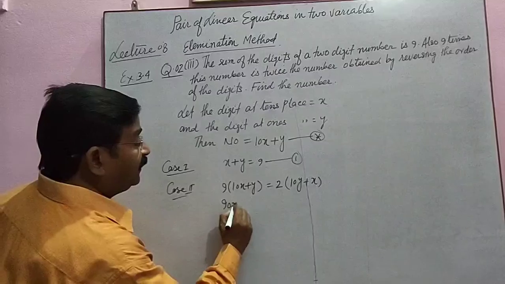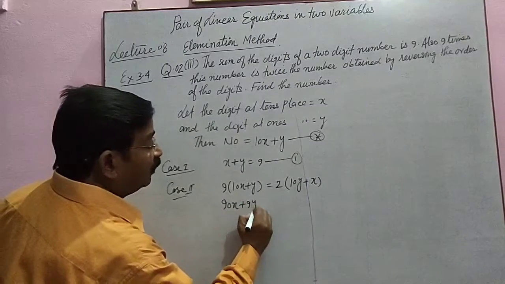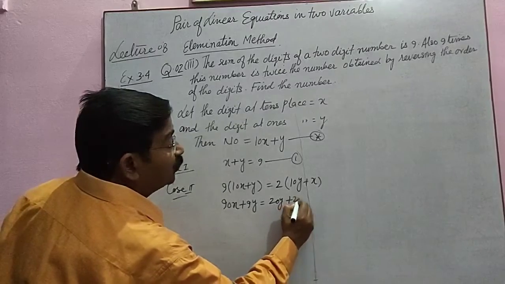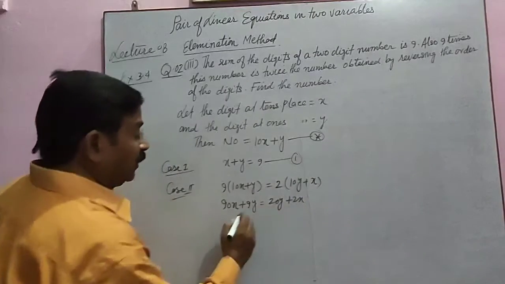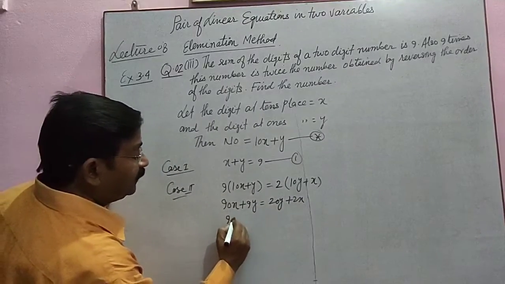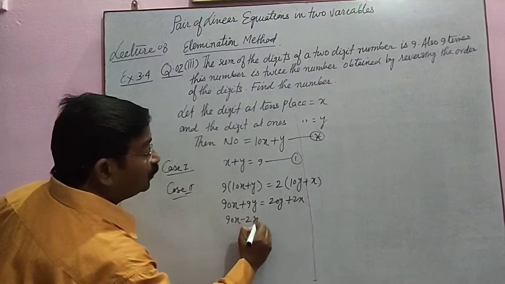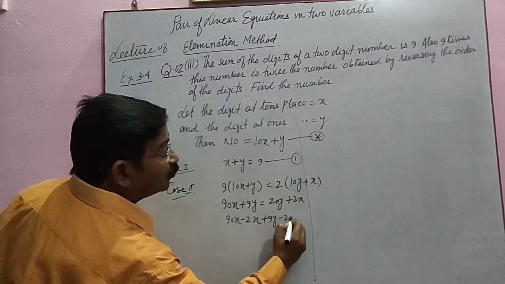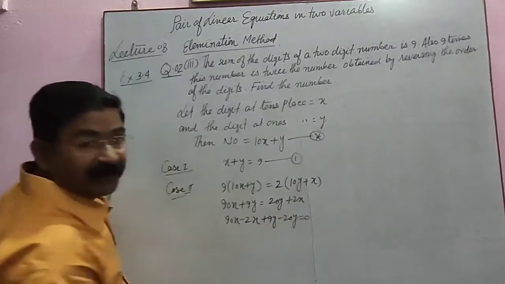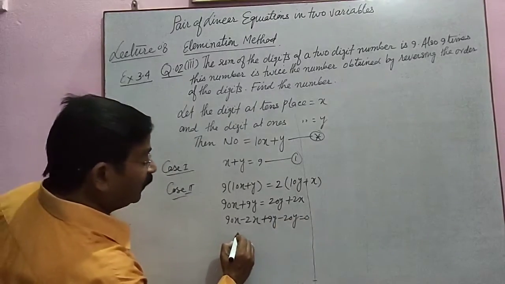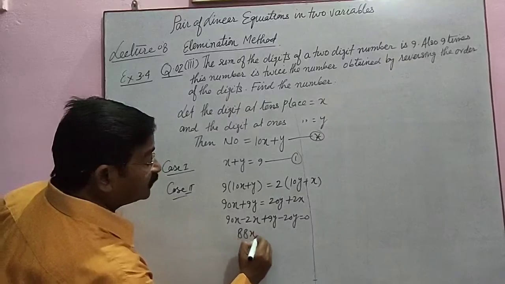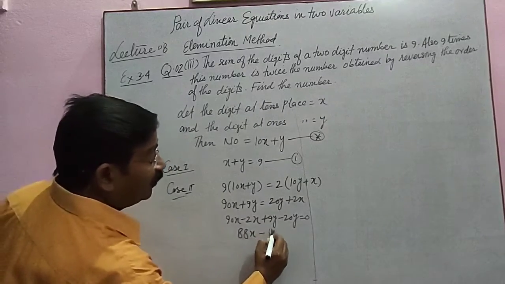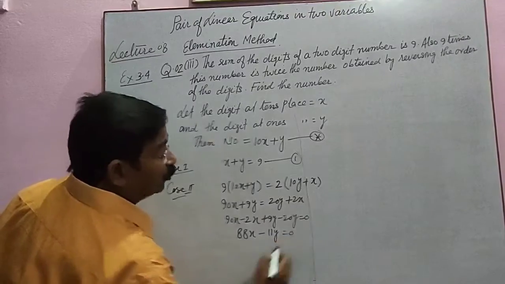See, 90x plus 9y is equal to 20y plus 2x. Bring x and y together. We have 90x minus 2x plus 9y minus 20y is equal to 0. That is 88x minus 11y is equal to 0.